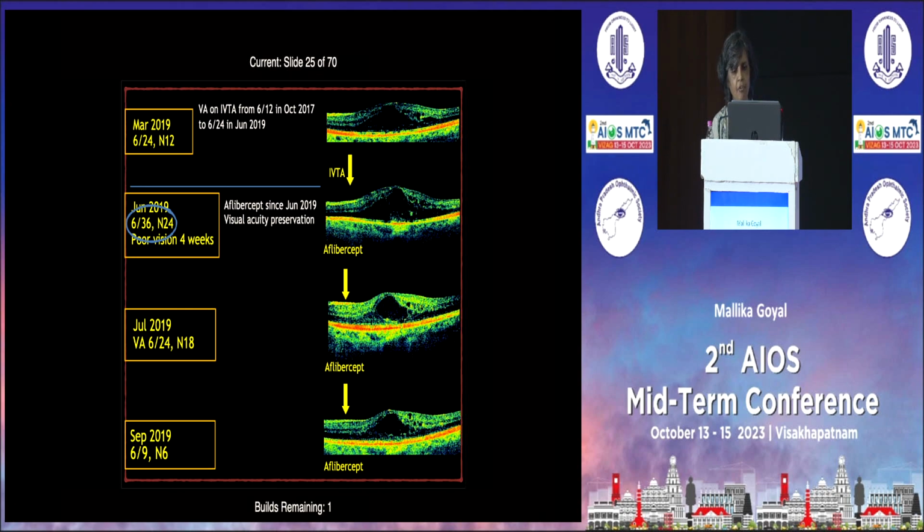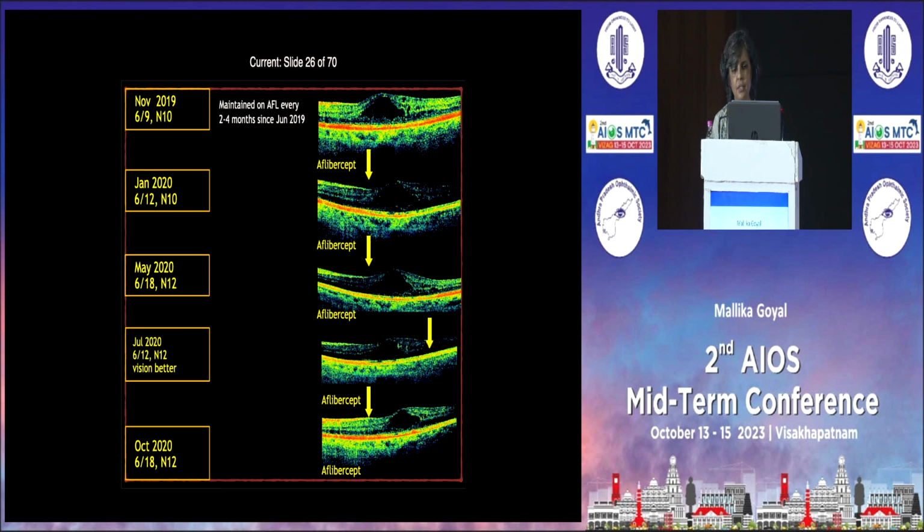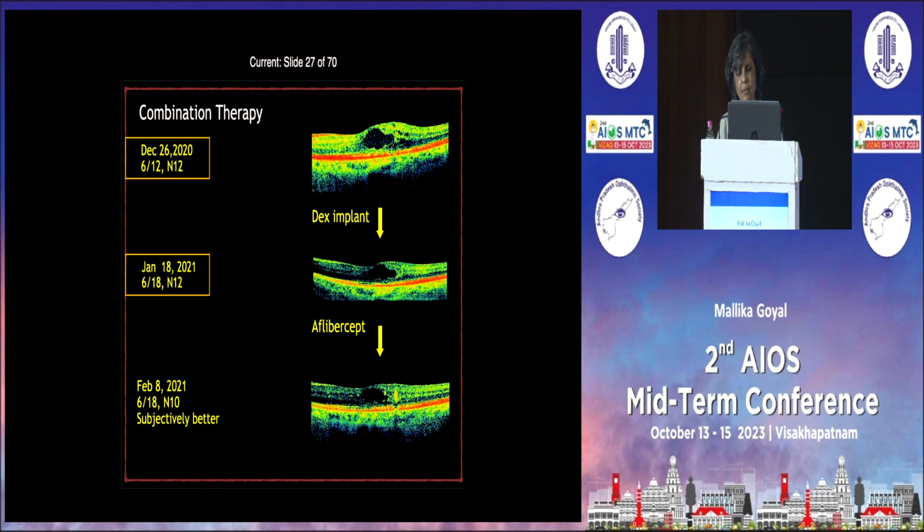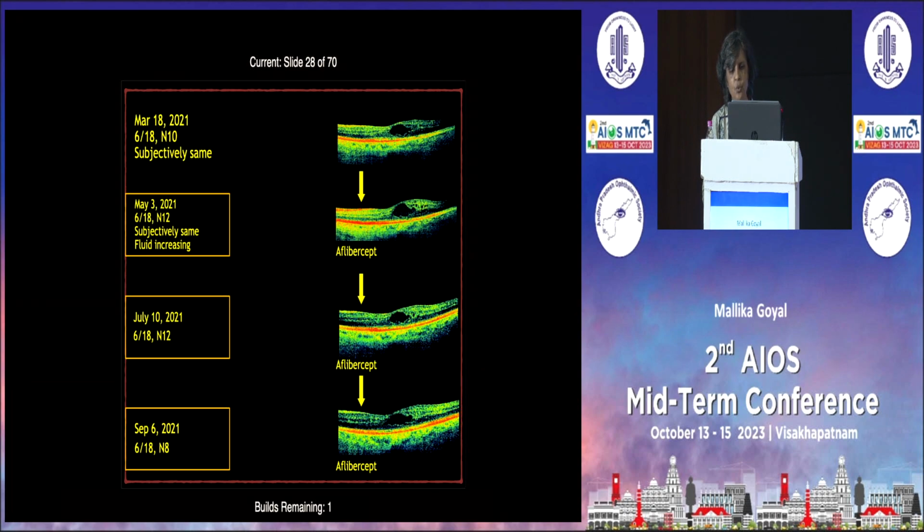So again added aflibercept. Now you see the aflibercept is not improving the anatomy much, but within 2 injections, vision has come to 6/9. So now he was willing to take it every 2 months, and we have been able to keep him at 2 to 3, 4 months with reasonably good vision. Decided to add a dex implant for additional effect. That did not improve the vision, though the anatomy improved slightly.